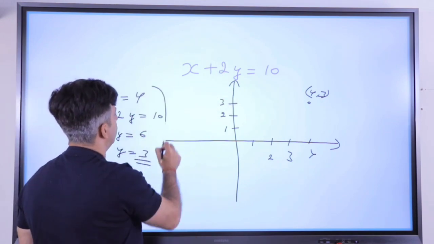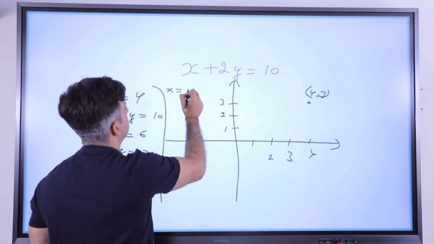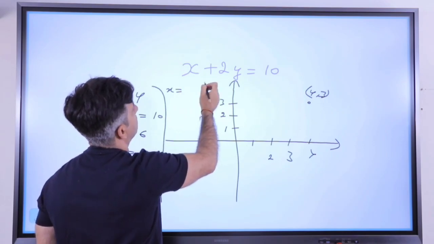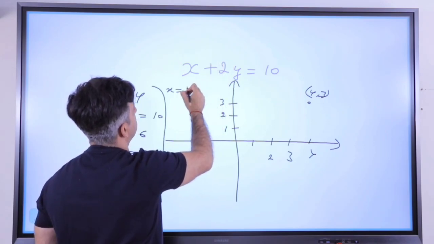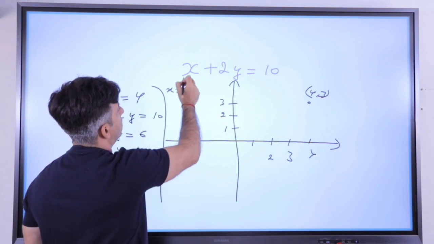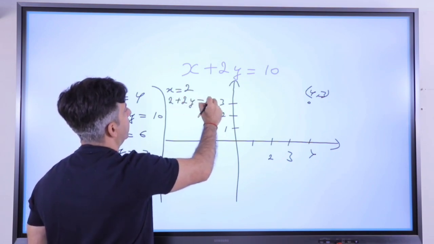So now let's fill x once again. Let's take x as 2. So if x is 2, then 2 plus 2y is giving me 10.